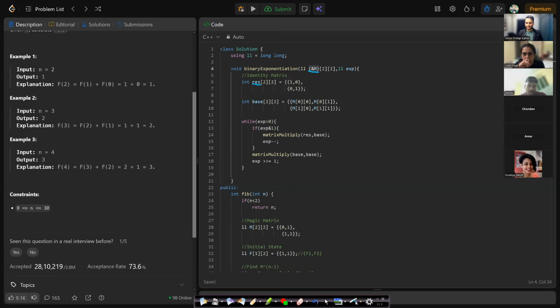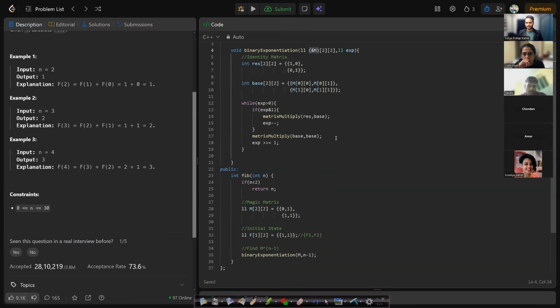If you have done binary exponentiation, you know it is the same code. So result has the final answer. In this case, I cannot return the result because that is not what I'm doing. You can do that and receive it using a 2 by 2 matrix, but I will just be copying. So what will be the value? Can you tell me? M at 0, 0 equals result at 0, 0.